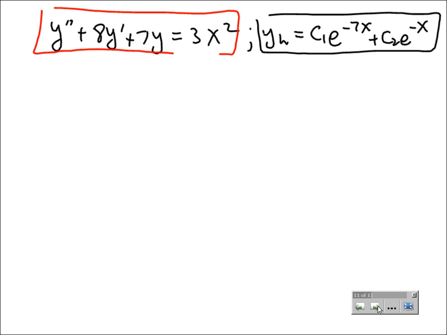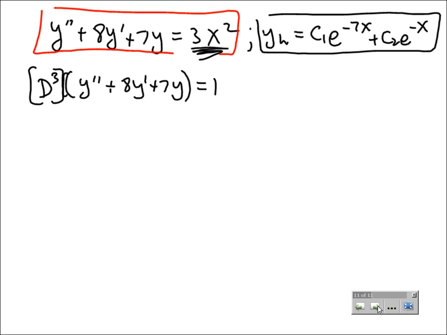If you want to annihilate 3x squared, we want to annihilate the right side, the g of x. If you want to annihilate 3x squared, you use D cubed. So I'm going to take D cubed of the left side, and I'm going to do the operator D cubed on the right side.